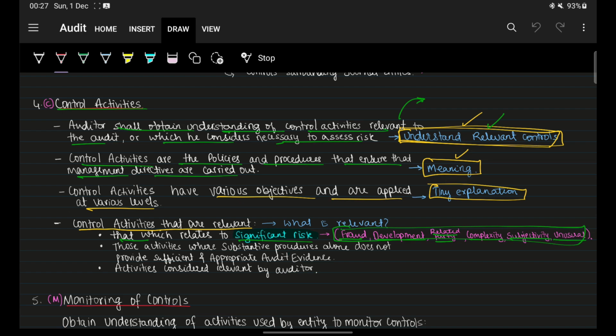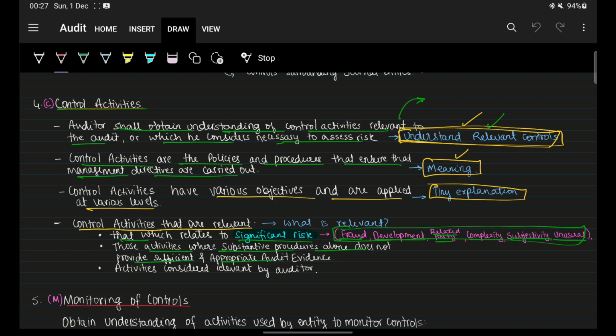Secondly, those activities where substantive procedures alone do not provide sufficient and appropriate audit evidence. There are some places where you cannot apply substantive procedures, so there you will have to understand what the internal control is doing. If you understand what those control activities are, you get additional evidence of what is happening, which is also a plus point.